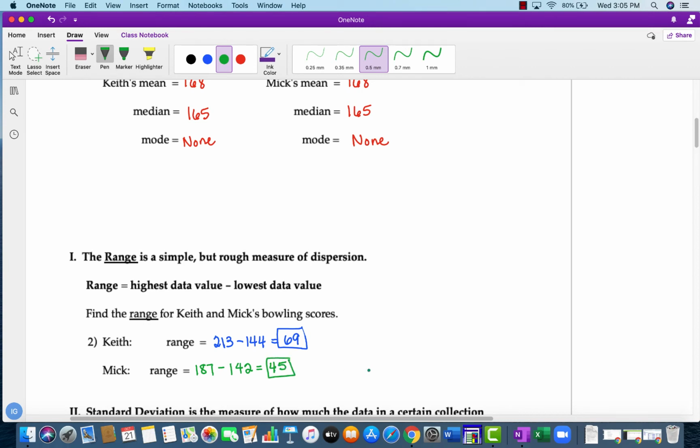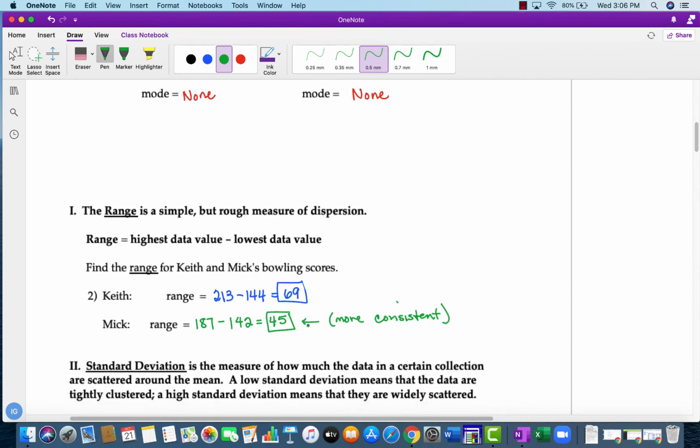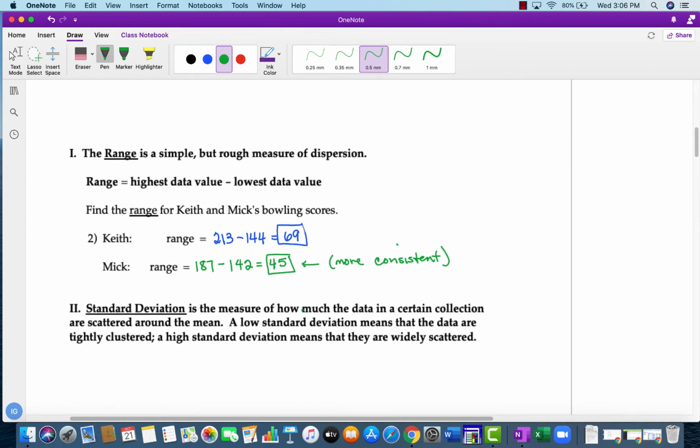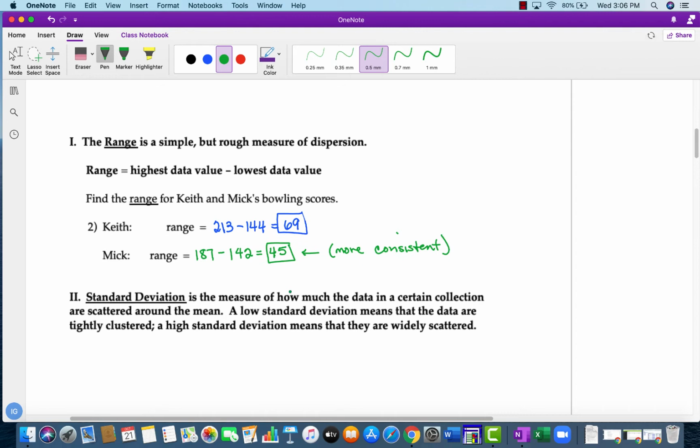We can say that this value, because it's smaller, is more consistent. The closer to 0, the smaller the number, the more consistent it is. That is the range, and the range is an easy one too. So now you know how to find the mean, the median, the mode, and the range.